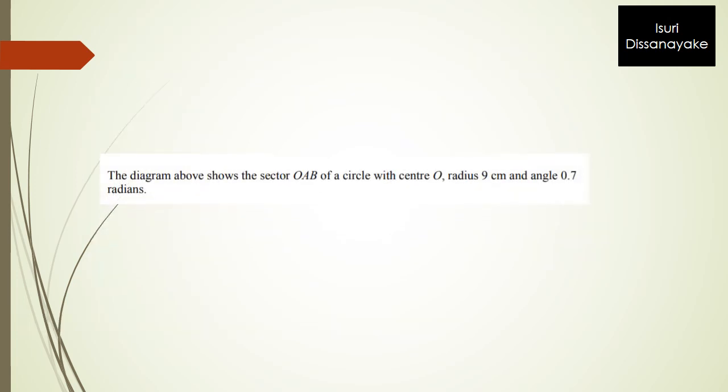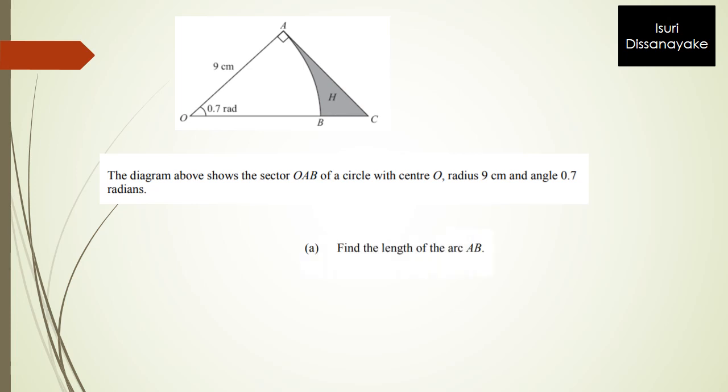Look at this figure. The diagram above shows the sector OAB of a circle with center O, radius 9 centimeters and angle 0.7 radians. You are asked to find the arc length AB.